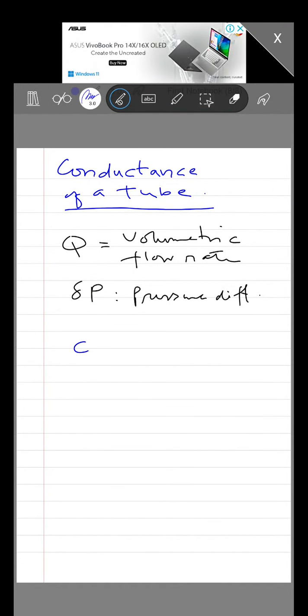C is equal to Q by delta P. Now this Q is equal to minus P dV by dt.